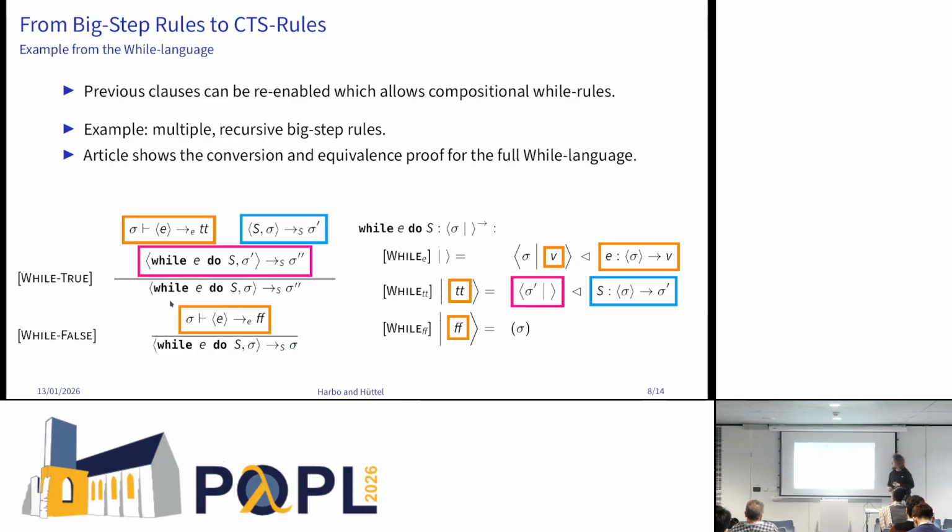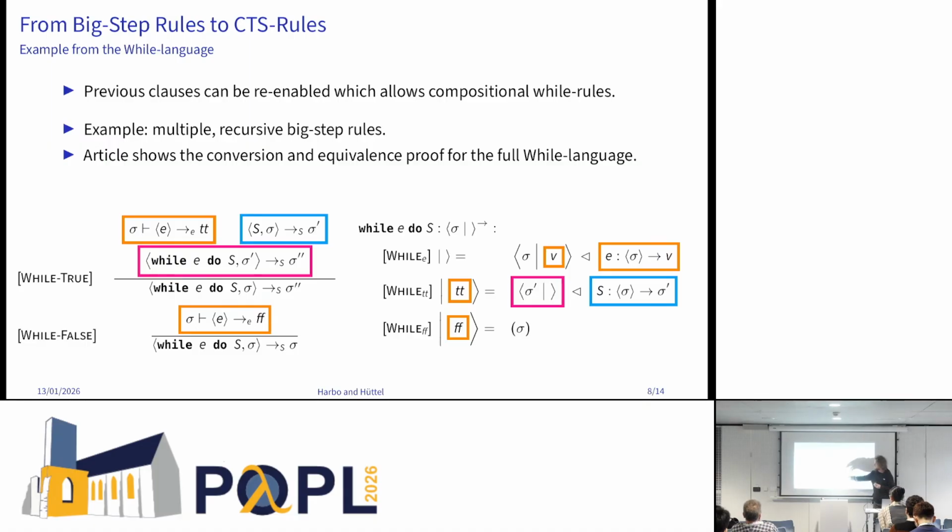Finally, for the third example that we also covered in the article, we have a semantics for the while language, and here we also see the example conversion for the while rules. So again, the premises essentially become their own clauses in the corresponding CTS rule, and we thread the updated primary component through the rules, as with the previous two examples.